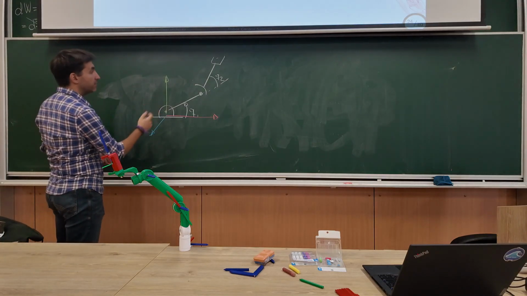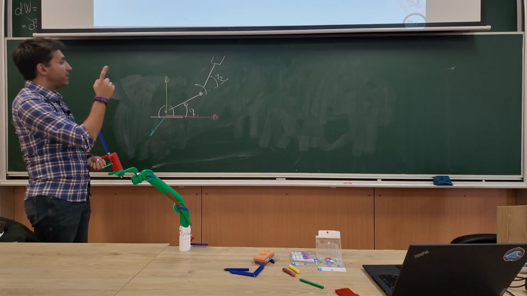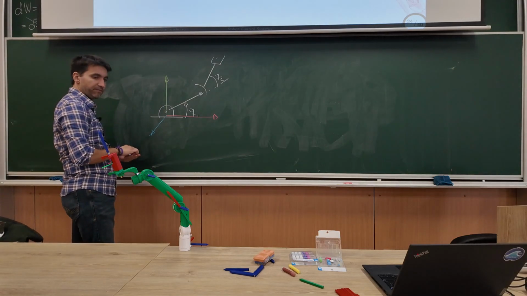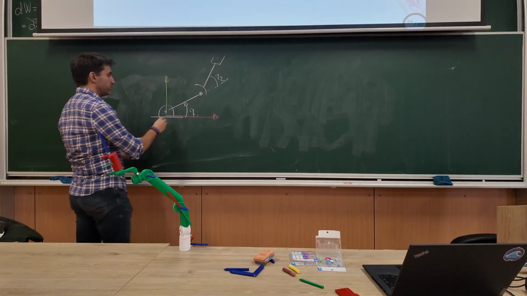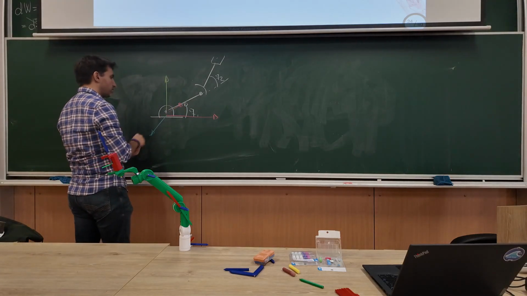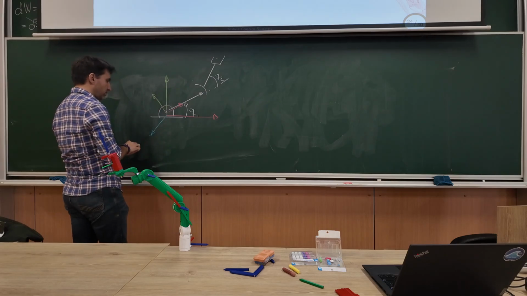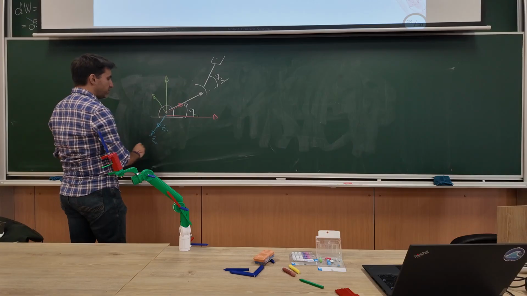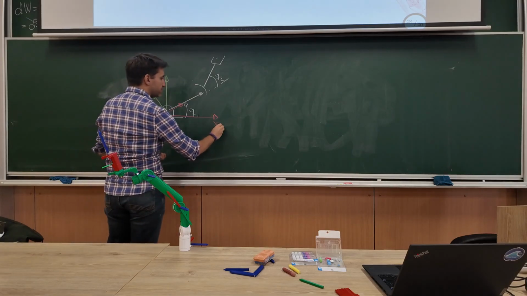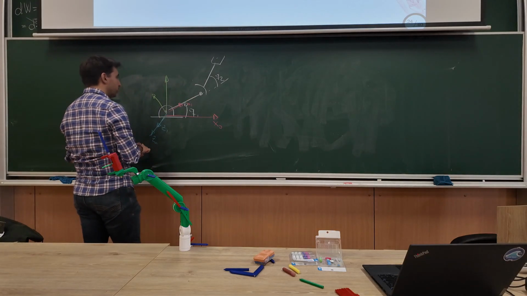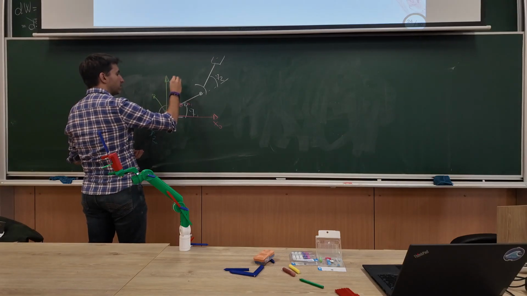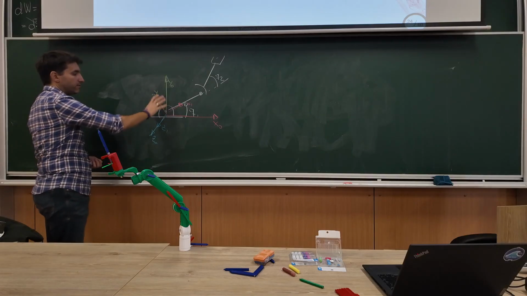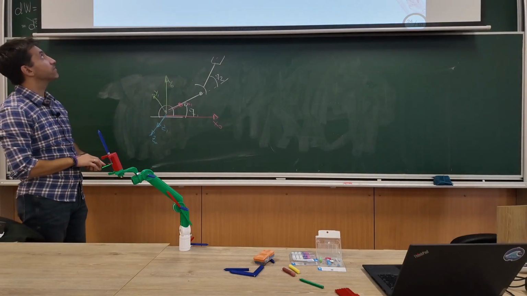So I have the first transformation, which shows me where the first frame is. So let's make the first frame as well: Z0, X0, X1, Y0, Y1. All right, so this thing rotates around this axis.